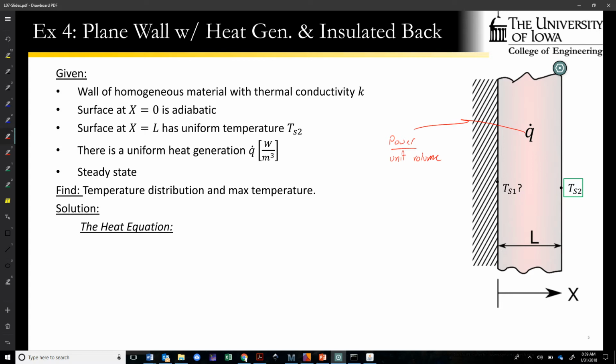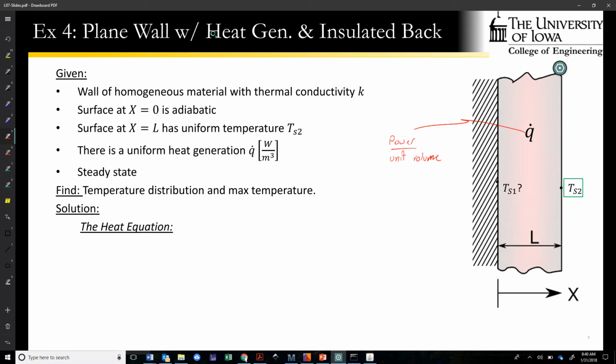As other considerations of the problem, we're going to say that once again we have a perfectly insulated or adiabatic surface at x equals 0. At x equals L, we're going to assume we know the temperature. We're not going to deal with the convection boundary condition right now. And again, we've got this uniform heat generation. By uniform heat generation, I mean that this Q dot is occurring equally throughout the entire volume of whatever we're considering.